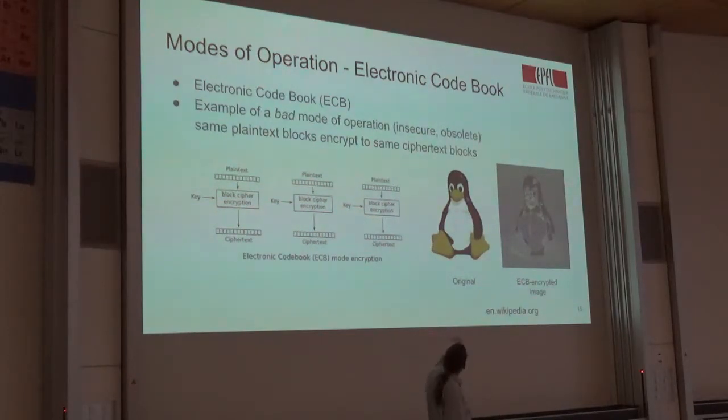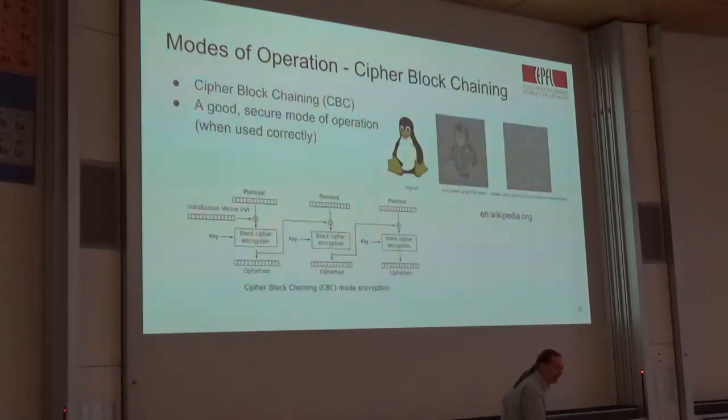A lot of the blocks in the original JPEG are pure white, and those all get encrypted in exactly the same way to the same output block, and it clearly leaks quite a bit of information in that kind of scenario, right? So definitely don't use ECB in any real cryptographic scenario.